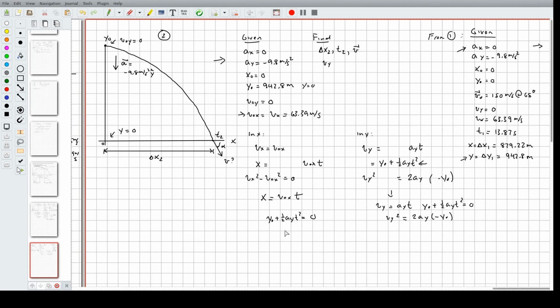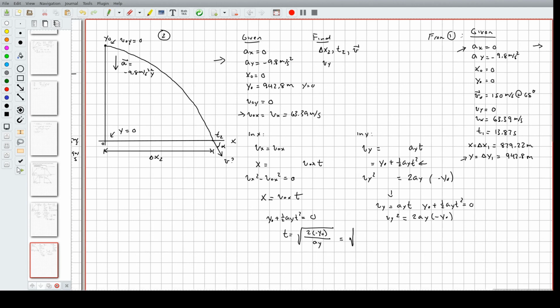If I solve for t here, t is the square root of 2 times minus y naught divided by Ay.